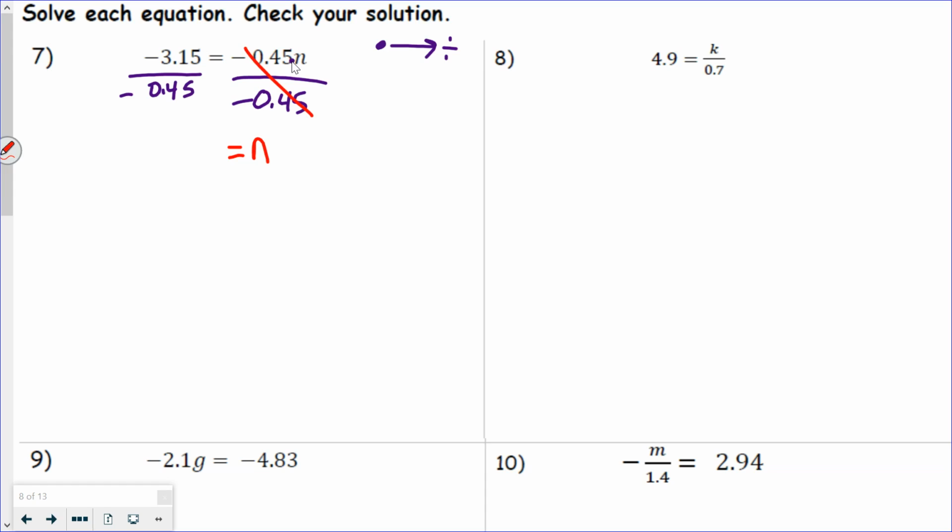But when I go to divide, I can't divide by 45/100. We can divide by 45 though, which means I have to turn this into 315.